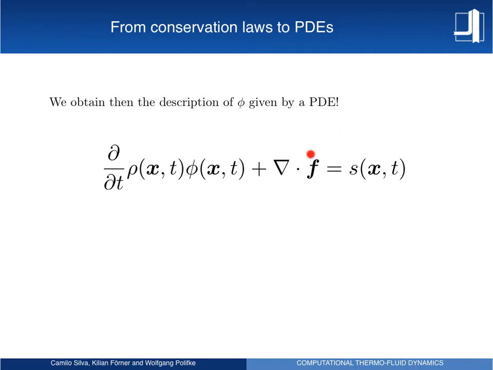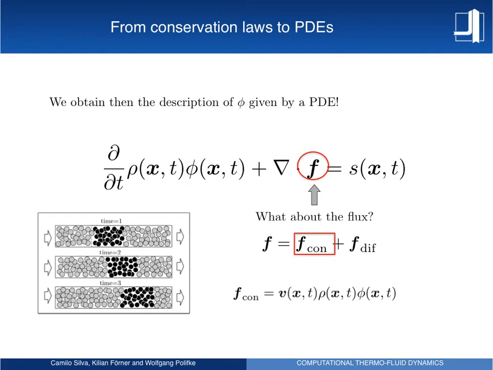The next step is to understand what this flux is about. The main message here is that the flux can be decomposed in two contributions, a convective one and a diffusive one. And the convective one is expressed by this. So you have a given velocity of the carrier fluid, the density of the carrier fluid, and then the scalar you are studying.